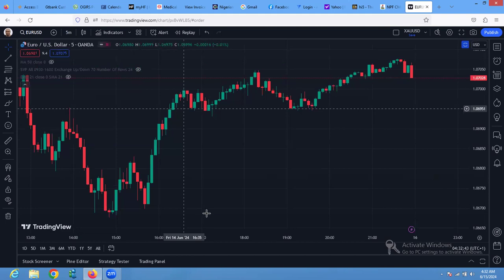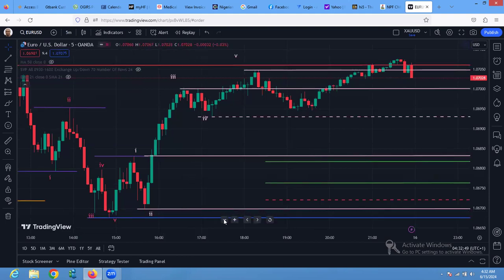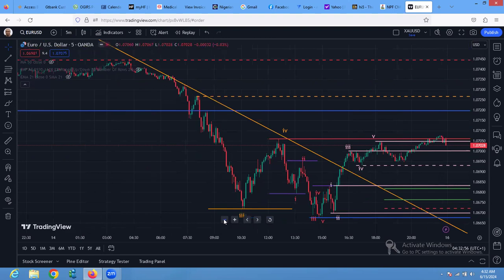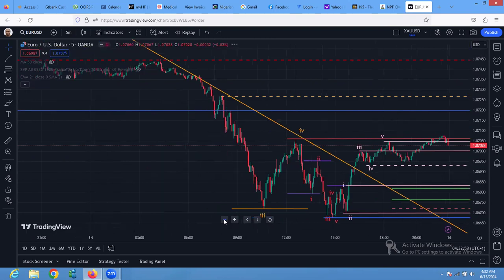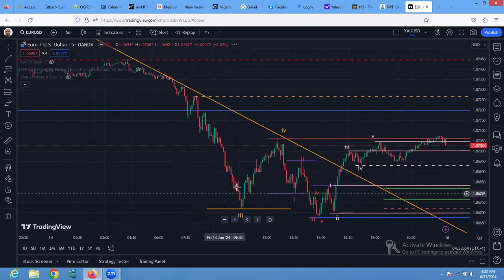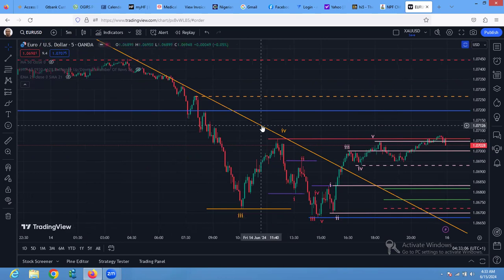This is 5 minutes time frame. That's the move. That is the move. So we have seen a break out of here, which means wave 3 is completely gone.